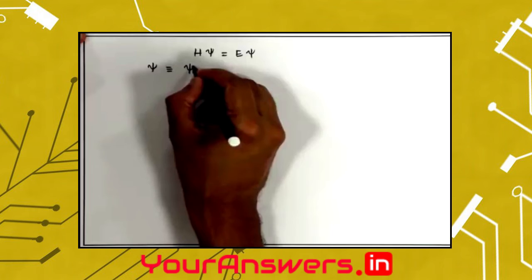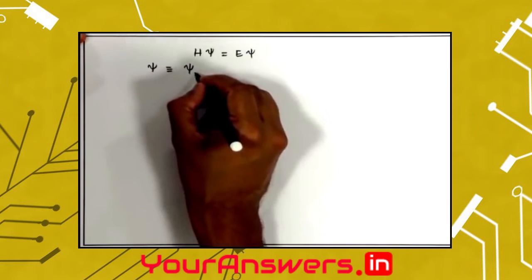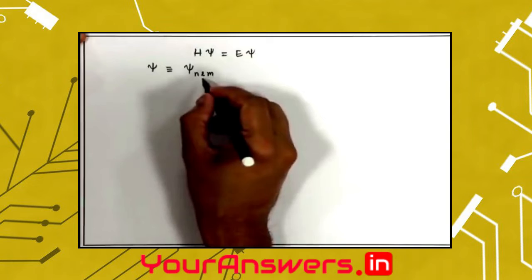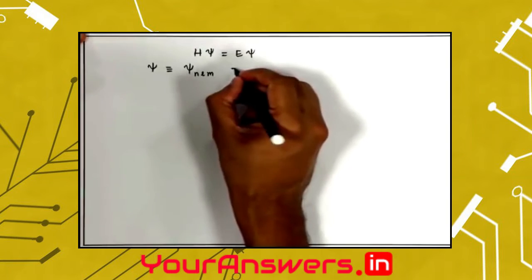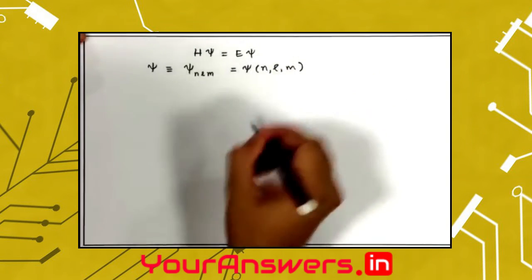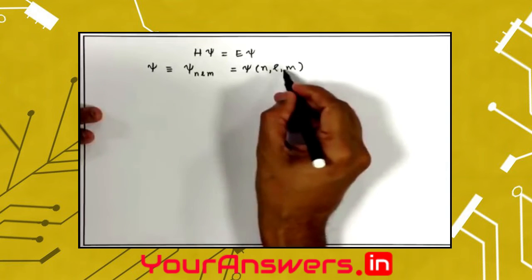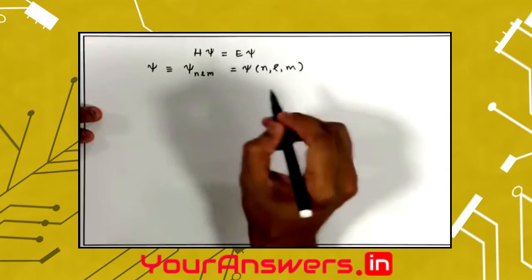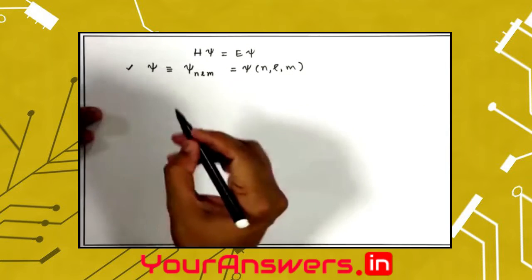So, the wave function is a function of n, l, m. These three quantum numbers are there in this wave function. So, this simply means the wave function depends on n, l and m. If you have different n, l or m, you will have a different form of the wave function. We got to know this.